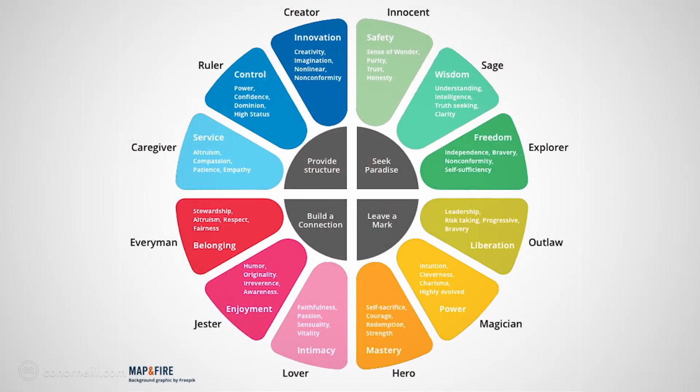And the other tip I would say is to look into what we call brand archetypes. Now, the term was coined by the psychologist Carl Jung, and he basically said that everybody falls into 12 certain personality archetypes or traits.